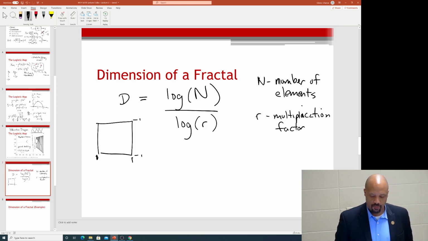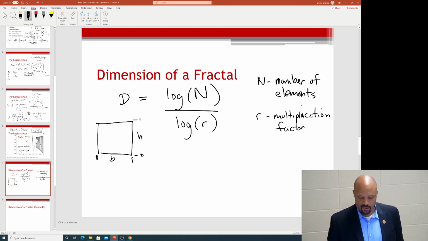If you want to calculate the area, let's call this the base and the height. We know that's 1, that's 1, and that's 1.